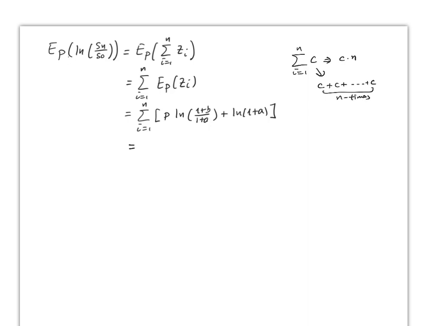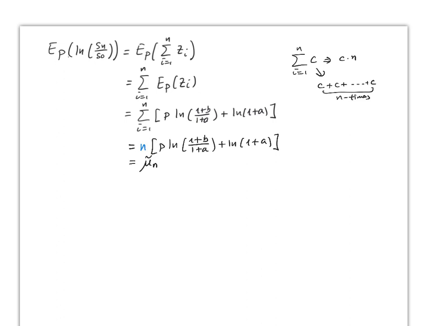Therefore, if we apply that principle, we end up with n times this one, which is the result that we wanted to get, which is equal to mu of n.